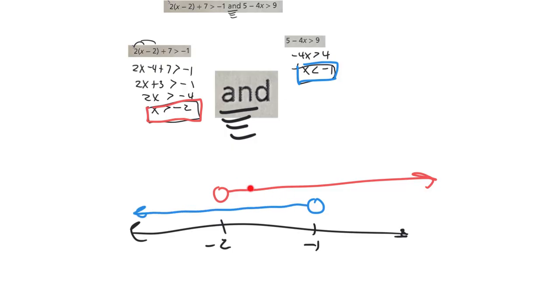Now, notice how my rough draft sketches are hovering above the black final draft number line. The word "and" concerns itself with where the rough draft sketches are double stacked. Do you see how they're only double stacked here? They're not double stacked here, there's only one arrow. They're not double stacked here either, there's only one arrow.